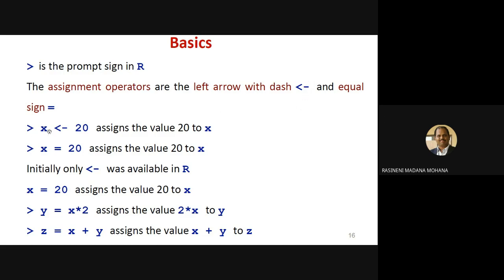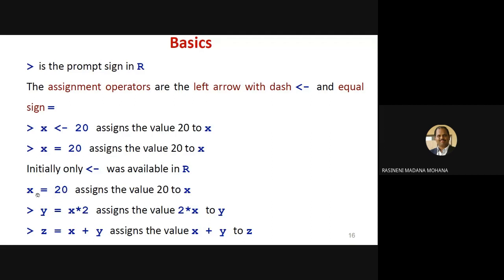For example, here you can see X, left arrow with dash, 20. What is the meaning of this? It assigns the value 20 to the variable X. The same thing you can represent with our normal convention, equal: X equal to 20 also assigns the value 20 to X. Initially only the left arrow with dash was available in R. Later the equal sign was also incorporated.